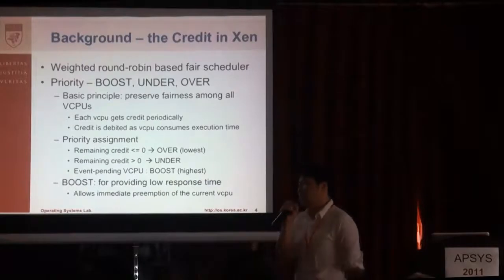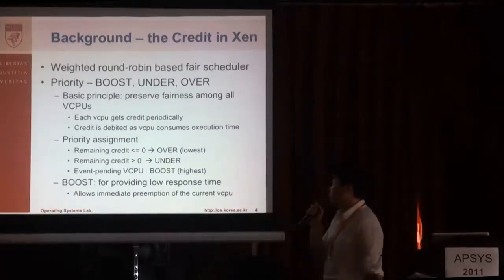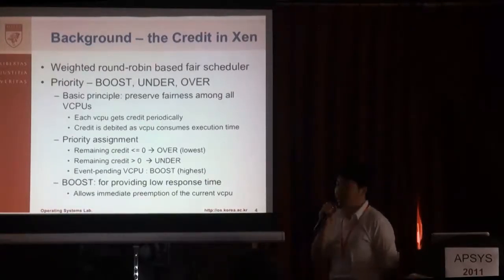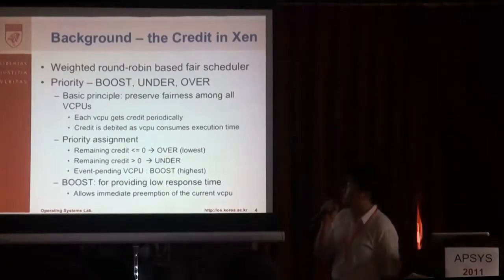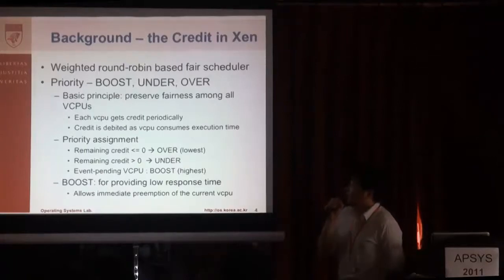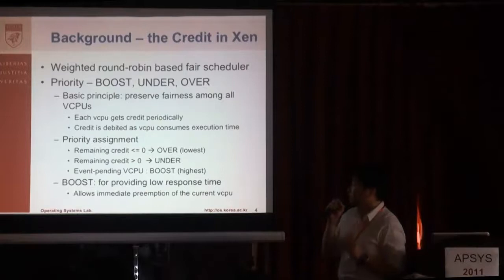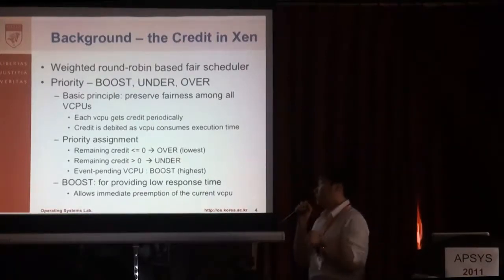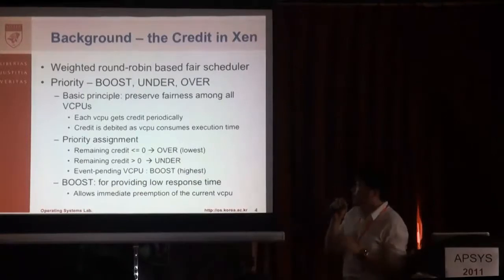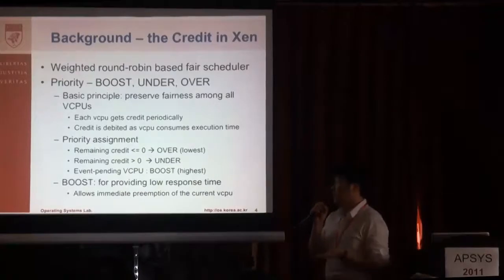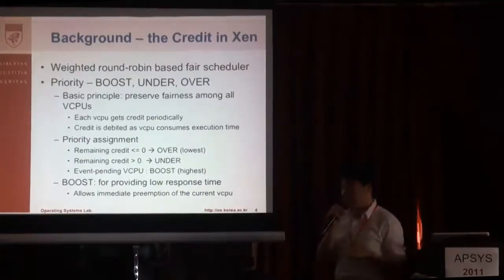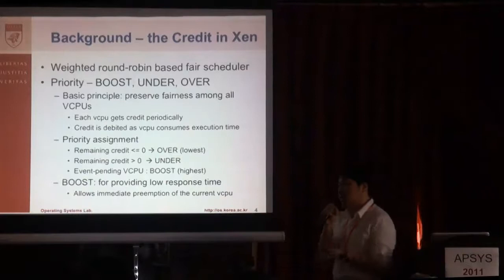Each vCPU gets an equal amount of credit periodically, and the credit is debited as the CPU consumes its execution time. The scheduler basically picks the vCPU that is in the under state in order to keep fairness among them. If there is a remaining credit, then the state is under, which means underutilized.